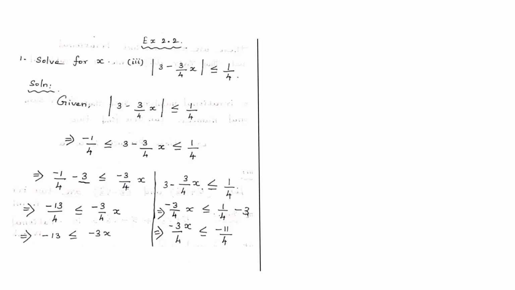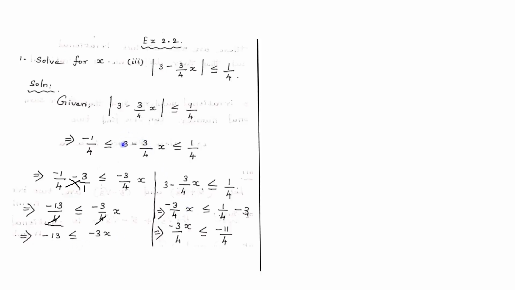That is, there is no denominator, so you have to consider that as 1 and cross multiply these two terms. We will get minus 1 minus 12. So we will get minus 13 by 4 is less than or equal to minus 3 by 4 into x. In this, this 4 and this 4 will get cancelled. So we will get minus 13 less than or equal to minus 3x.